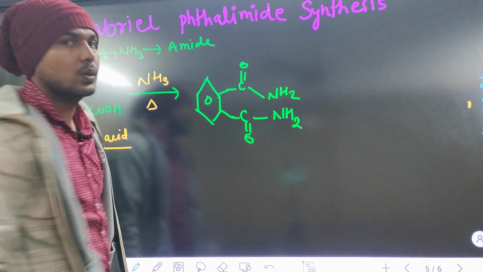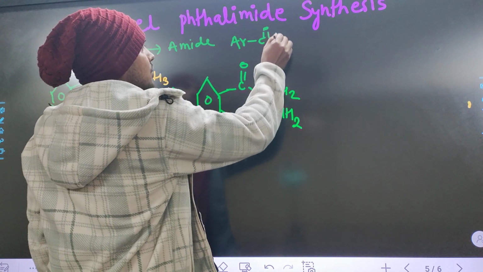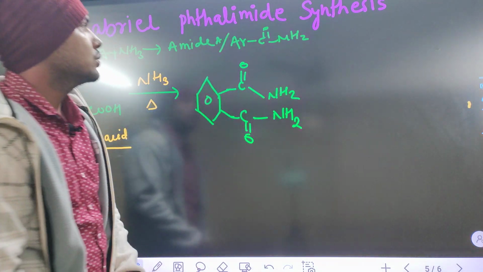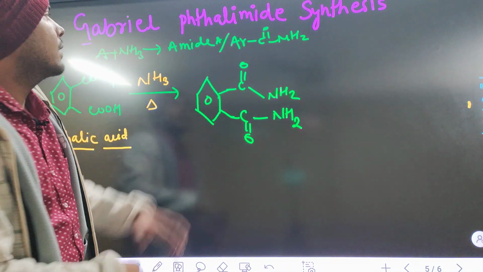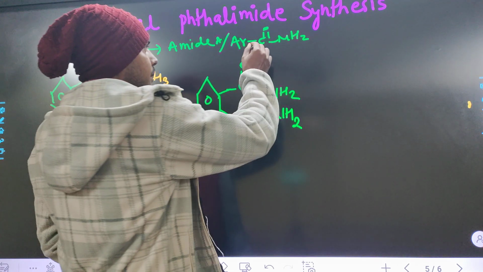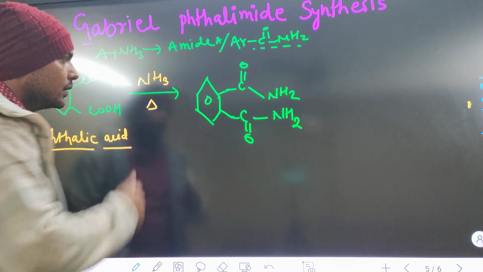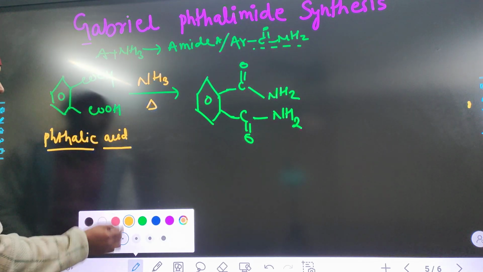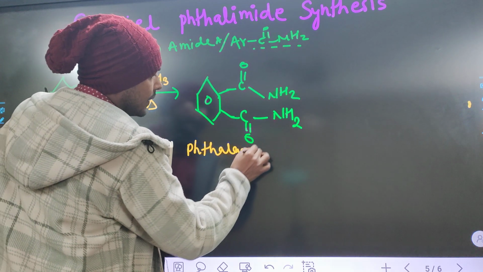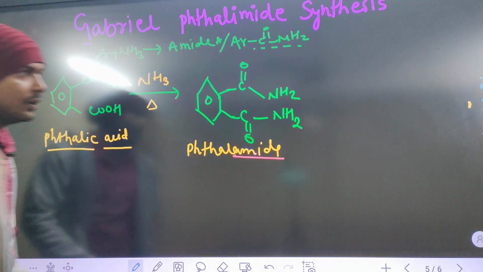So ArCONH2, and we can write an alkyl group too: RCONH2. Both are amides. This group is the amide group. I am writing the name of this: this is phthalimide.